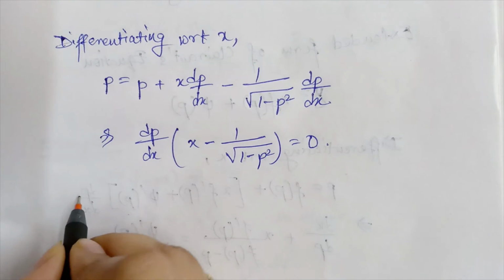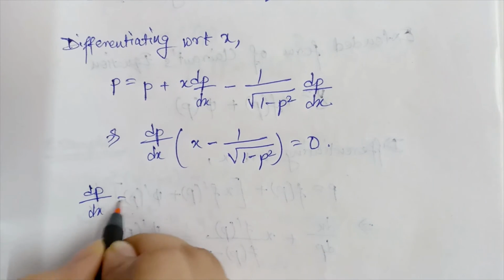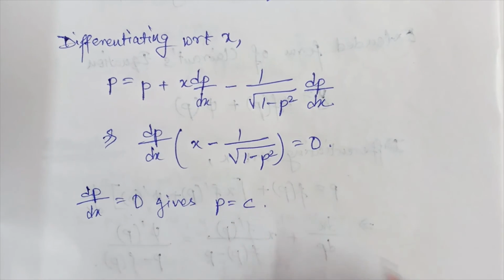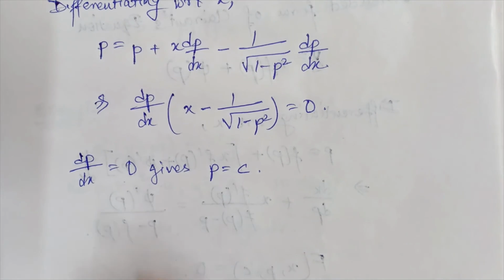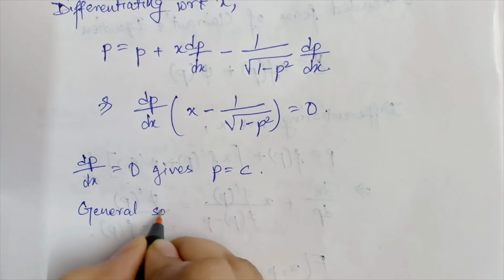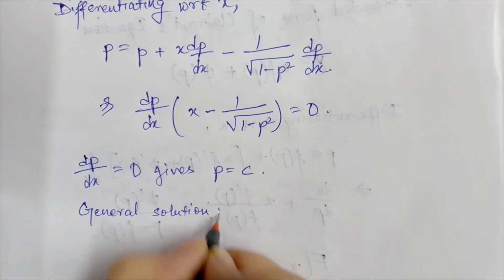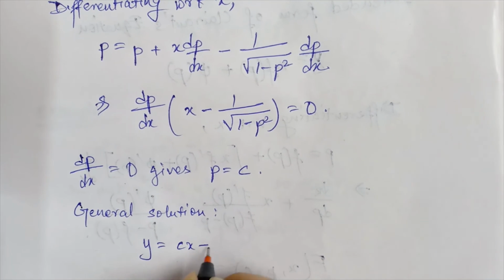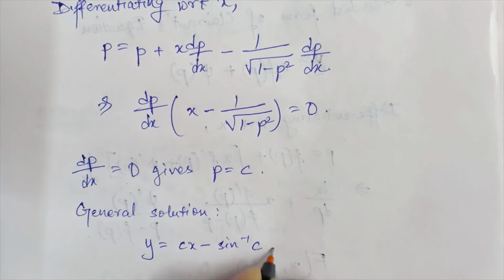From here, dp by dx equals 0 gives us p equals c. So the general solution will be y equals cx minus sin inverse c.